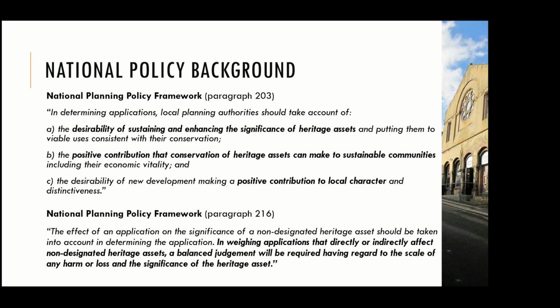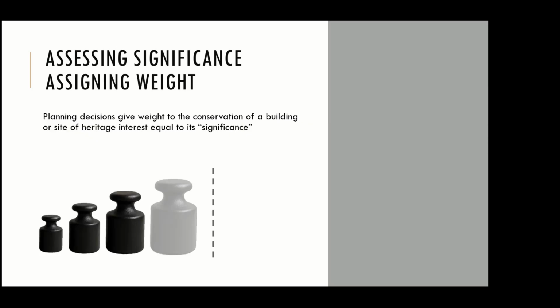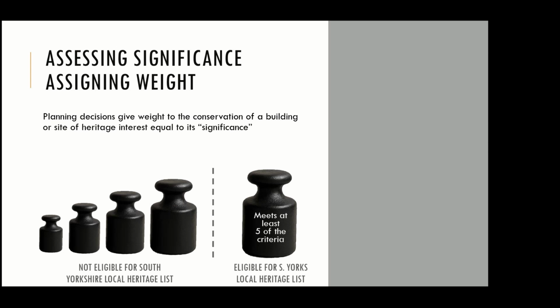And then once we've done that exercise, it's then weighing that value against the impact and the benefit of the development. So in weight terms, and this is probably the most specific to South Yorkshire in the slides I've got, because the weightings of local lists will differ depending on how people put things on. In South Yorkshire, to be locally listed, we say something has to meet 5 of the 7 criteria that we went through before.